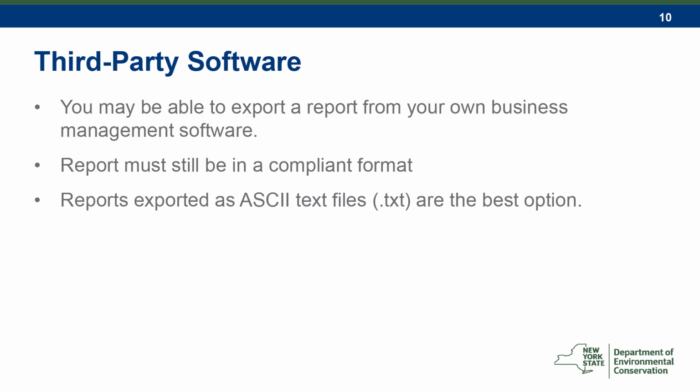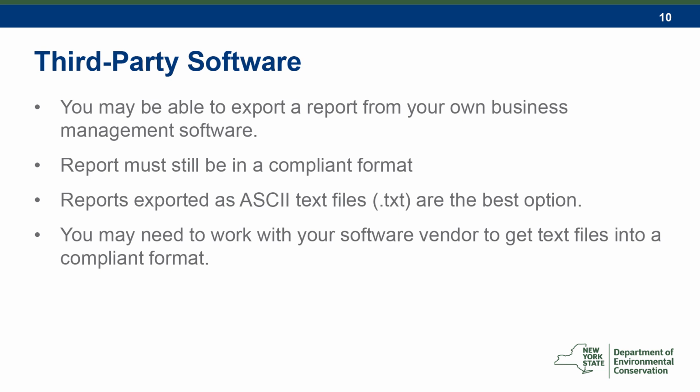A text file is in compliant format if it adheres to DEC's text file specifications. The way in which you export a compliant text file from third-party software will vary depending on which software you use. You may need to work with the software vendor to figure out how to export a text file that adheres to DEC's text file specifications.